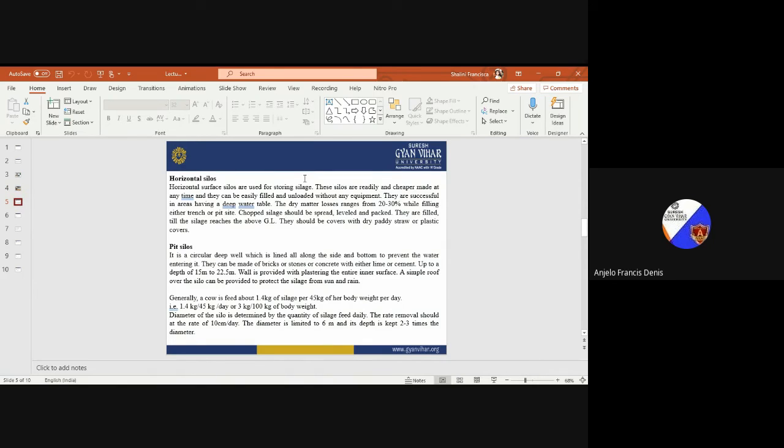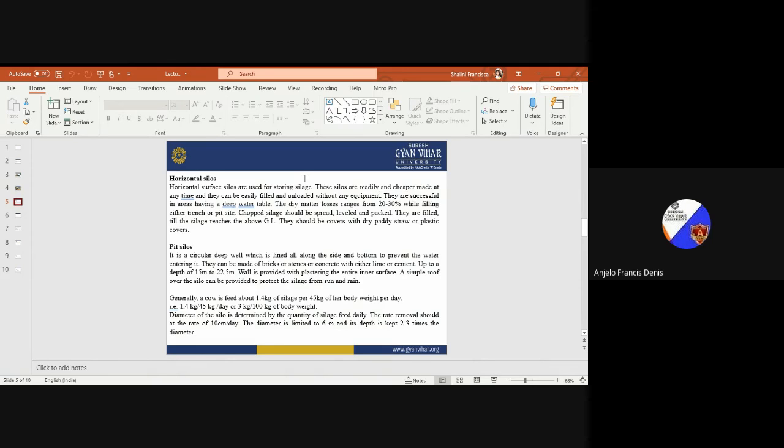Next is horizontal silos. Horizontal surface silos are used for storing silage. These silos are readily and cheaply made at any time. They can be easily filled and unloaded without any equipment. They are successful in areas having a deep water table.